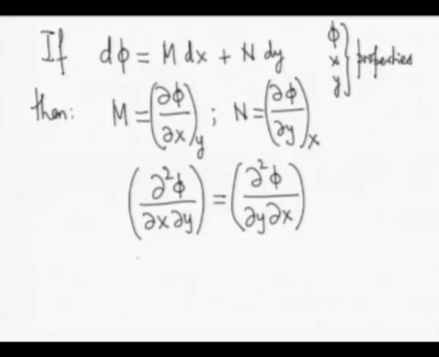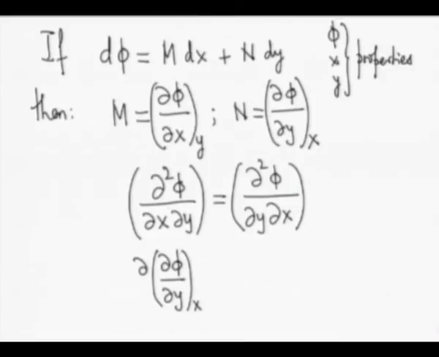So I will write it as, first, let me take the first derivative here, which is partial of phi with respect to y at constant x.